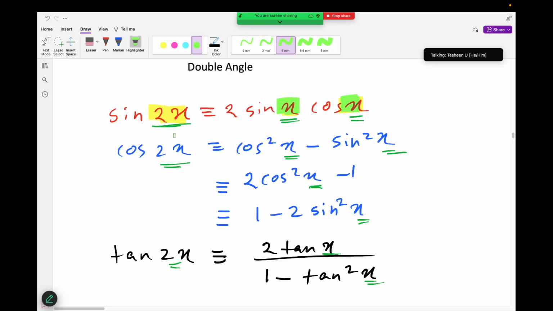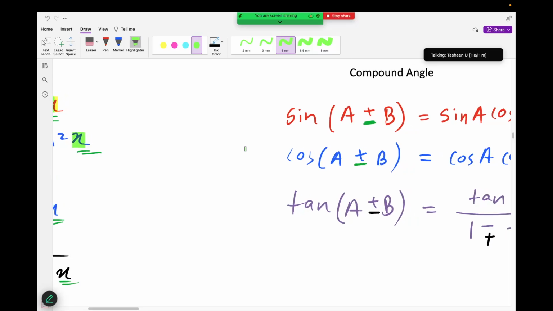Okay? But that is not the case with 3x. It works only for even. You don't go there, that will not assist you. Only use this for even numbers. For odd we have compound angle. For 3x you write 2x plus x.